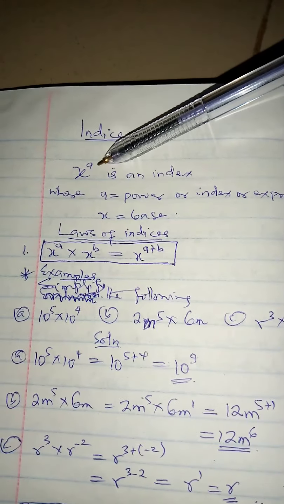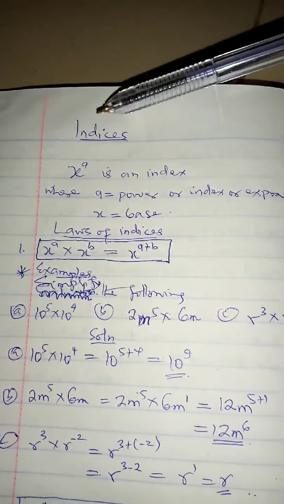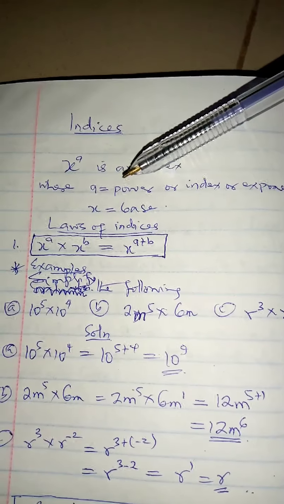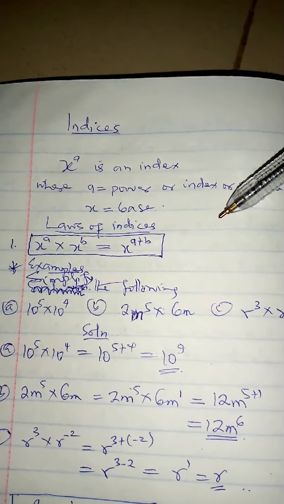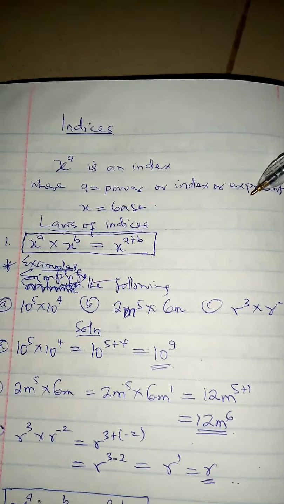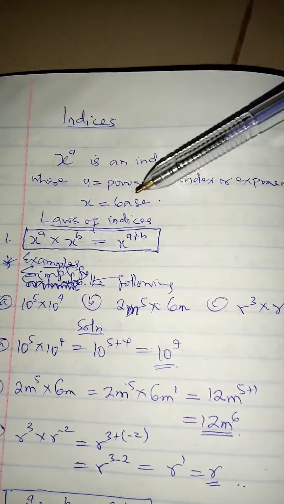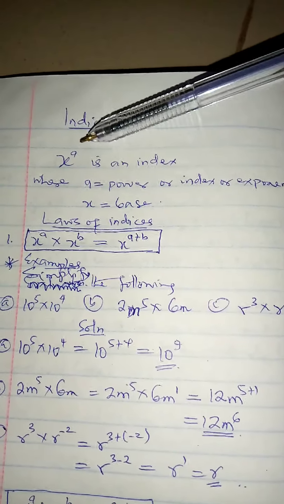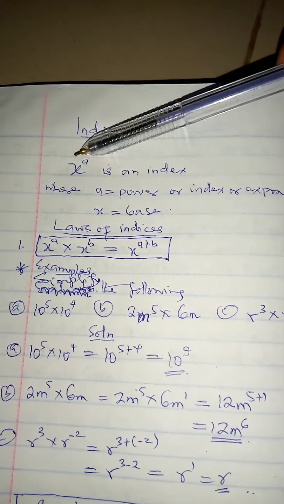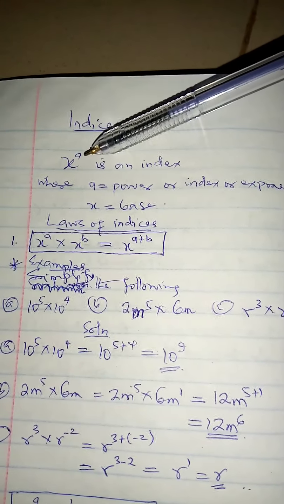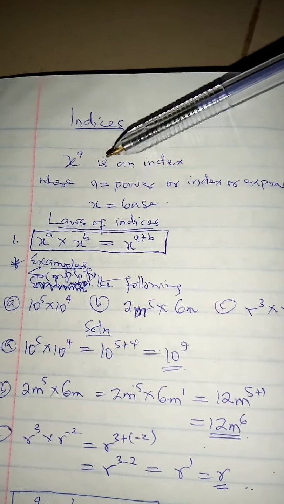X raised to power A is an index, where A is called the power or the index or the exponent. X is called the base, and you pronounce this whole thing as x raised to the power of A.